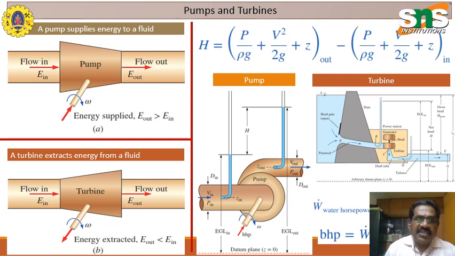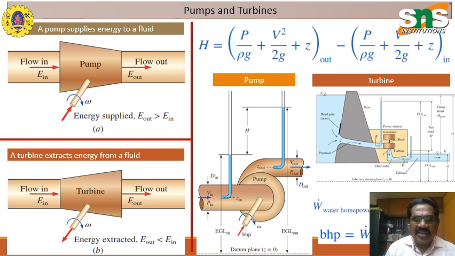Now, pumps and turbines. Here there is a flow in, then a pump, and then a flow out. Energy comes in, the pump is there, and then the energy flows out. Here you supply the energy, and then you rotate it. E out is always greater than E in, because we are supplying energy here. A turbine extracts energy from a liquid: the flow goes inside, the turbine is there, and it in turn rotates the shaft. Here the shaft is rotating the pump, whereas here the liquid rotates the shaft.